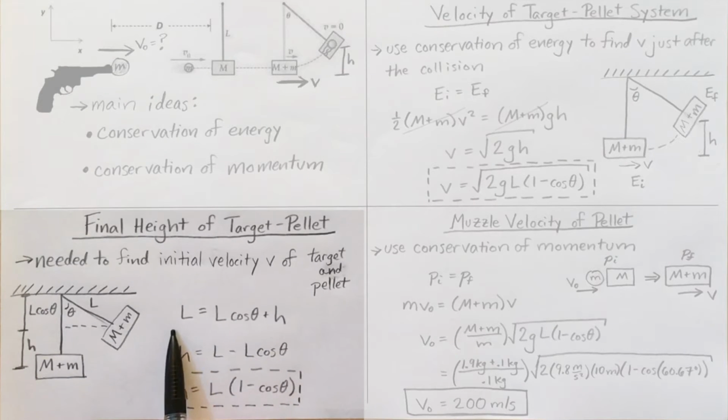Writing this down into equation form as I've done here, we can then solve for the distance h and simplify to find that the target and pellet rose a distance of L times quantity 1 minus cosine theta.